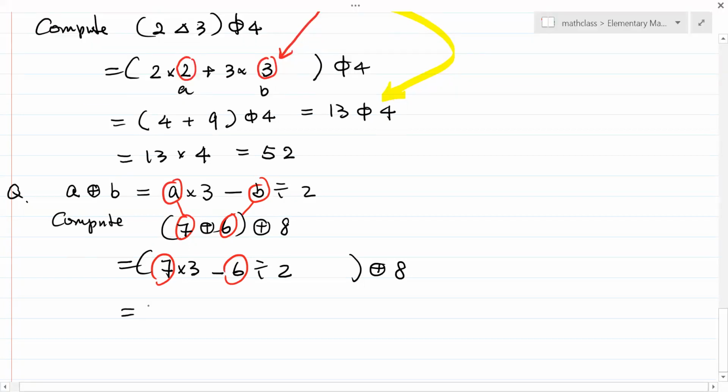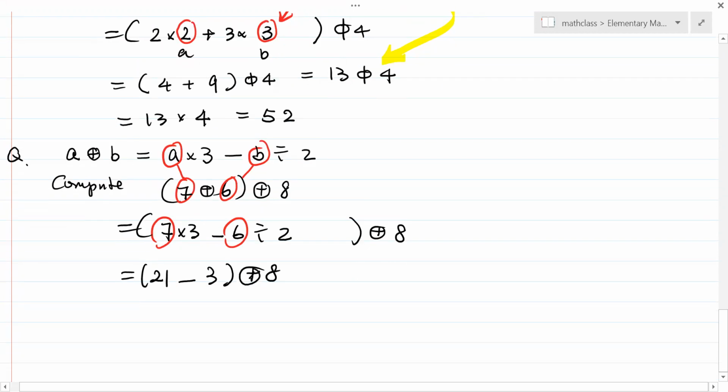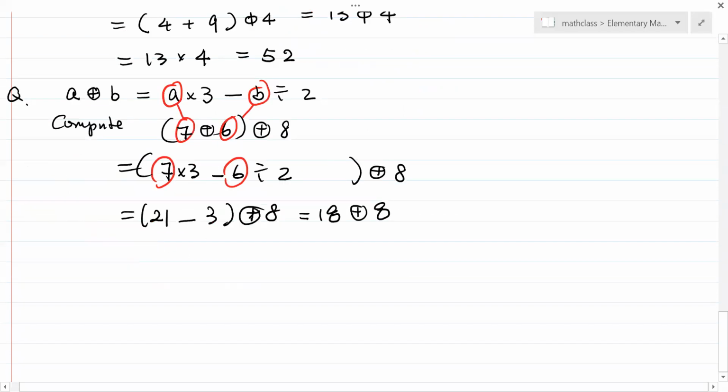Okay. So you get 21 minus 3. 21 minus 3 is going to be what? 18. Then you apply the formula again. So this time, this is A, that's B, right?